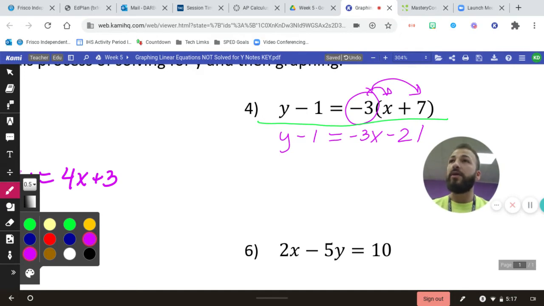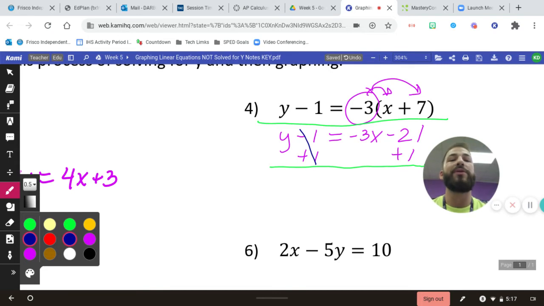From here, I can get y by itself. There's only one thing still hanging out with y: that negative 1. To move it to the other side, I want to add 1 to both sides. Notice how I'm adding it to the 21 and not to the 3x. That's because 21 and 1 are the same kind of term, they're just constants. Negative 1 and positive 1 cancel out over on the left.